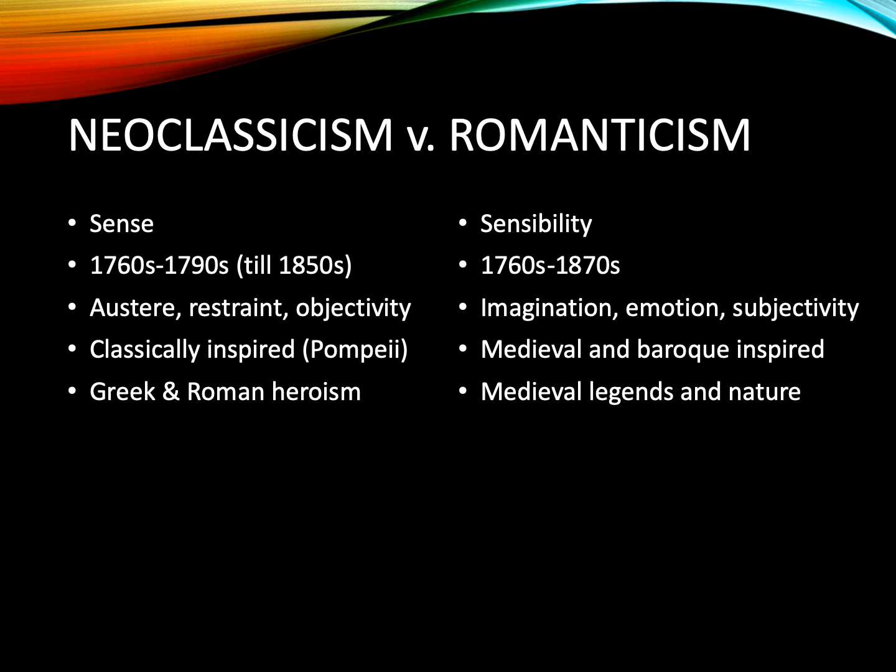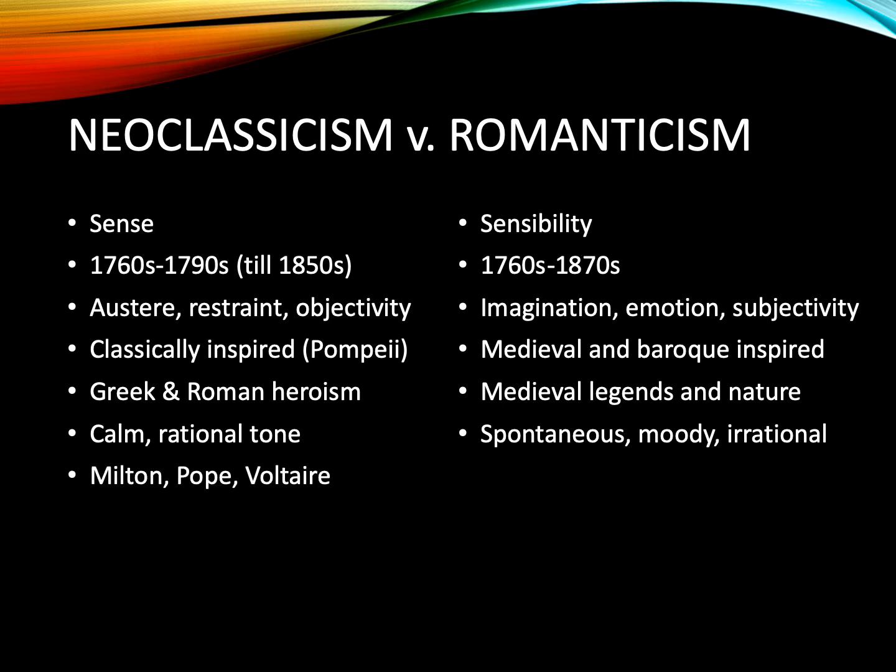And the new representation of nature. So neoclassicism was calm and rational in its tone, whereas Romanticism was spontaneous, moody and irrational. Examples of neoclassicism would be Pope, Voltaire, Milton, and Romanticism, Blake, Wordsworth, Keats, Byron.